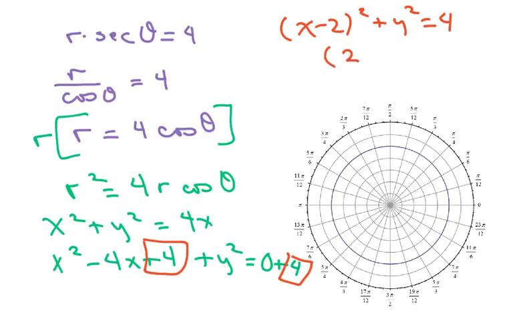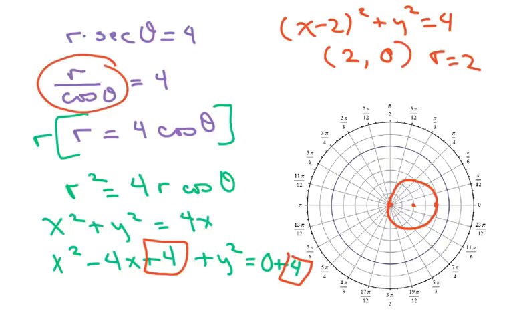So my center is 2, 0, and my r is 2. So we go out 2 here. My r is 2. So it's just a bigger circle. And I just wanted to do another one. These basically are all the same, but you just have to rewrite it in terms of sine and cosine.